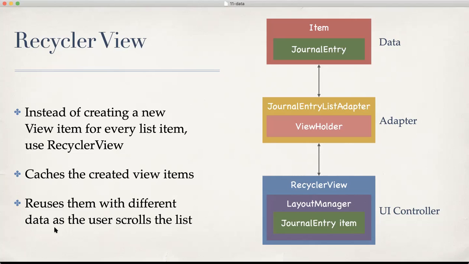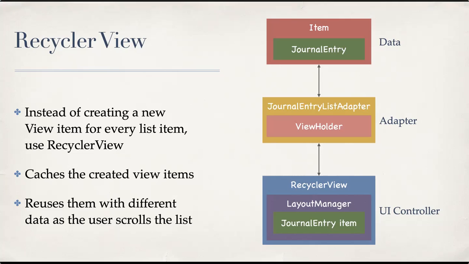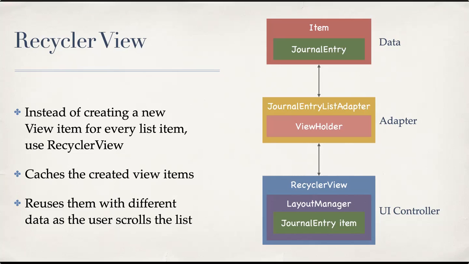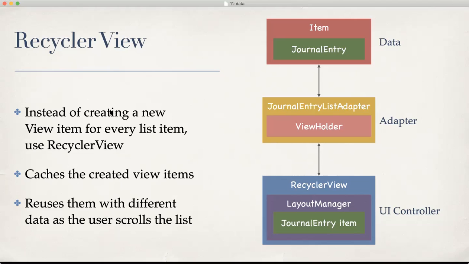It caches the created view items and efficiently displays them at the appropriate time based on their position in the list, and it reuses them with different data as the user scrolls through the list. So it doesn't create new view items, it just reuses them. It modifies the components inside them, say a text box or another widget or an icon, reusing them to display what they should be based on the data it gets. So that is the idea.